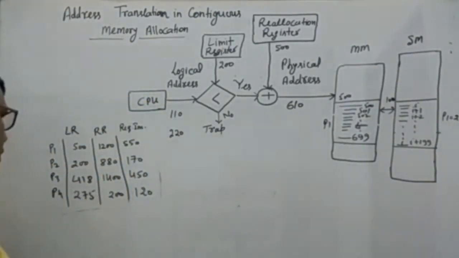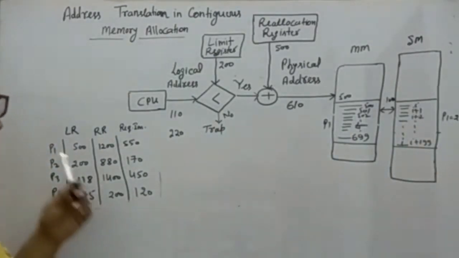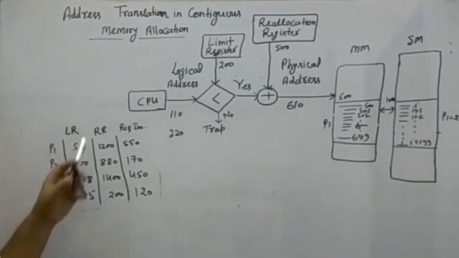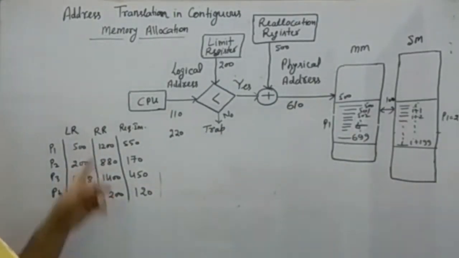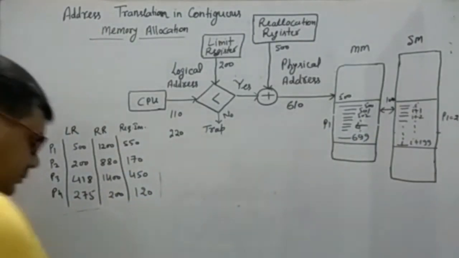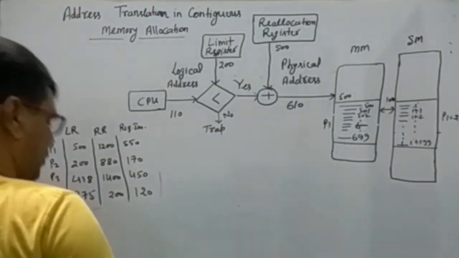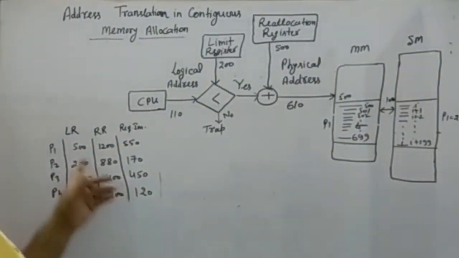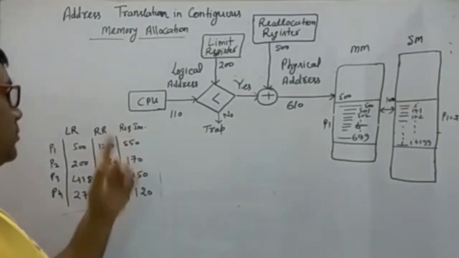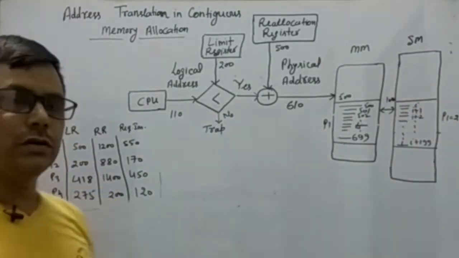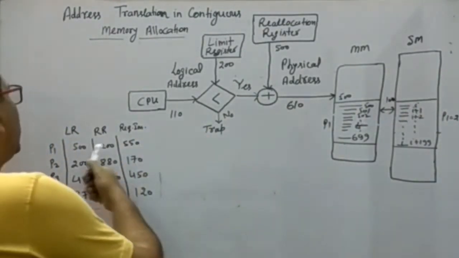Look here, there are 4 processes: process P1, process P2, process P3 and process P4. Process P1 has limit register 500 and relocation register 1200. Now look here, will this request of process P1 to access instruction number 550 be granted or not? 550 is greater than 500.